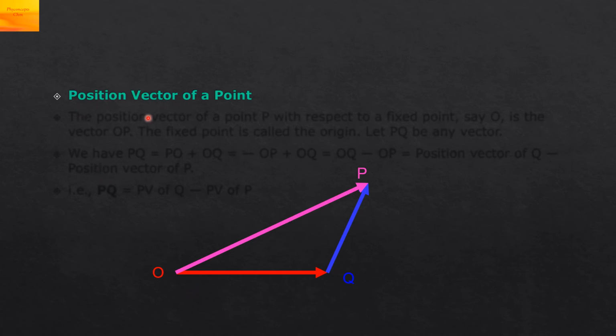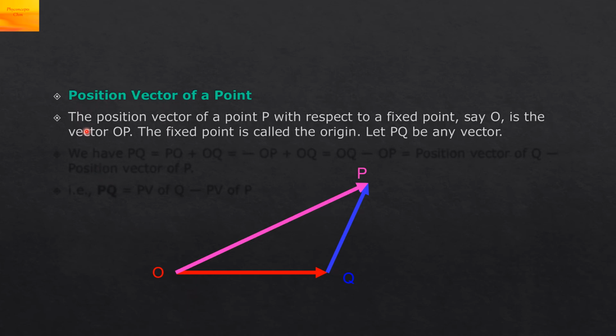Position vector of a point. The position vector of a point P with respect to O, that is a fixed point. O is a fixed point. So position vector of a point P is the vector OP. The fixed point is called the origin. Let PQ be any vector.